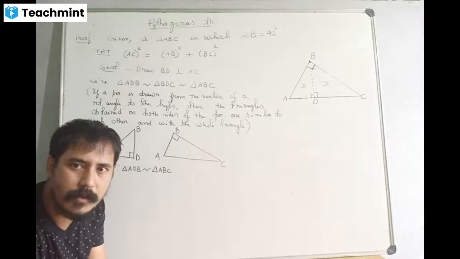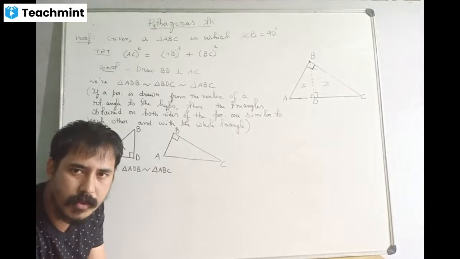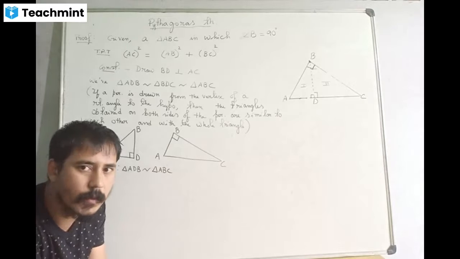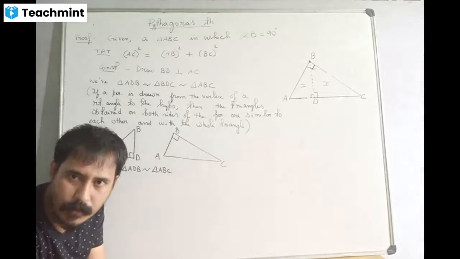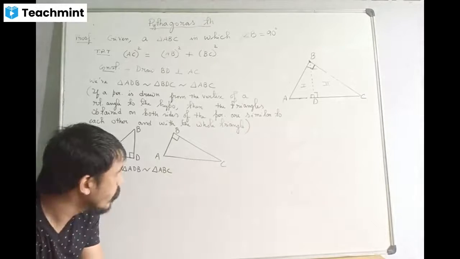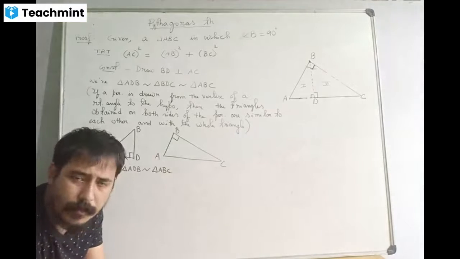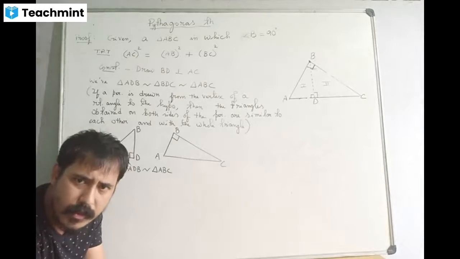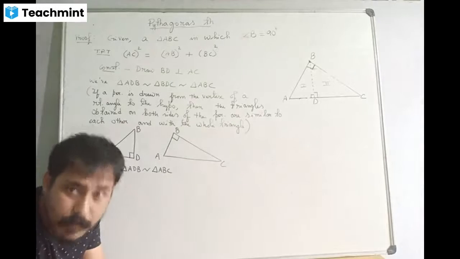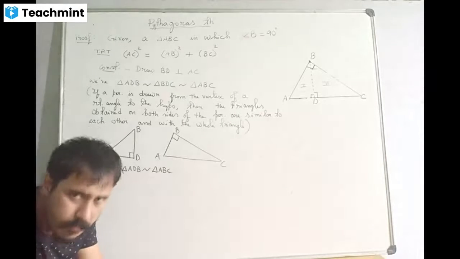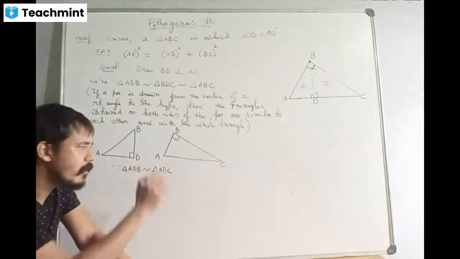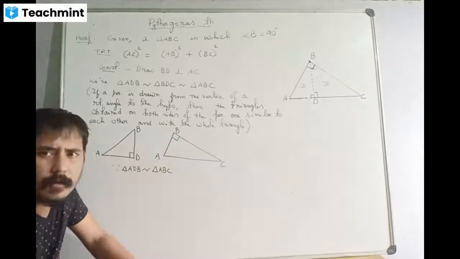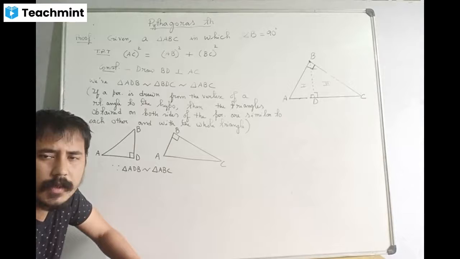That is what we learned while doing the basic proportionality theorem, and while doing the areas of similar triangles theorem. So what did we learn in the previous class? If two triangles are similar, the ratio of their corresponding sides will be equal.